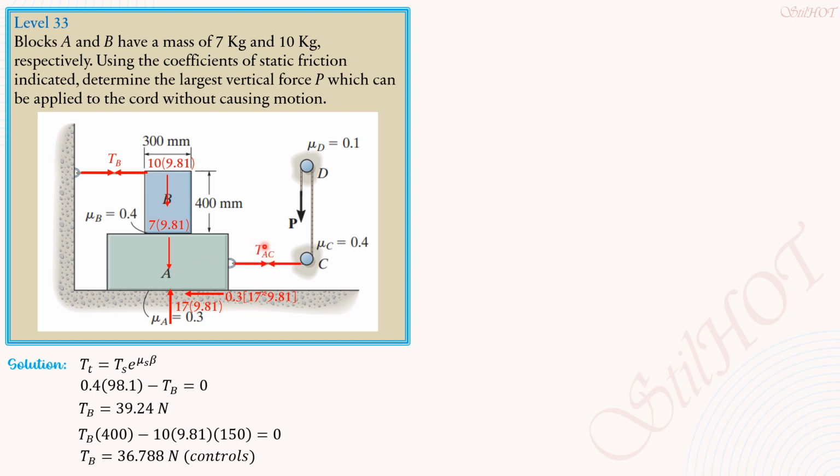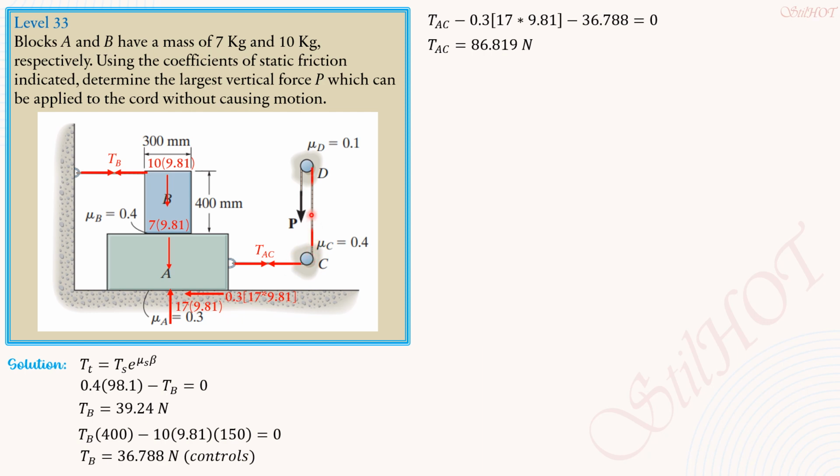Then let's solve for tension AC by summing forces horizontal. So tension AC minus 0.3 times 17 times 9.81 minus tension B, which is 36.788, equals 0. So tension AC is equal to 86.819 newtons. Having found tension AC, take note that this side would be the tight tension.